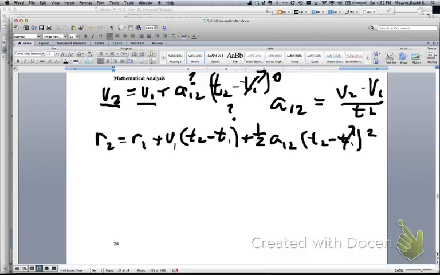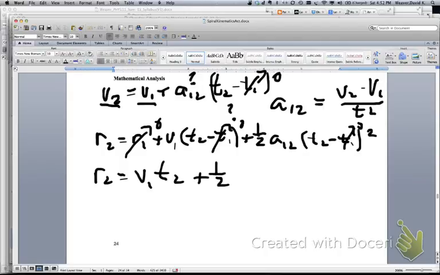And the zeros here are there so that R2 is equal to V1 T2 plus half the acceleration times the square of time.